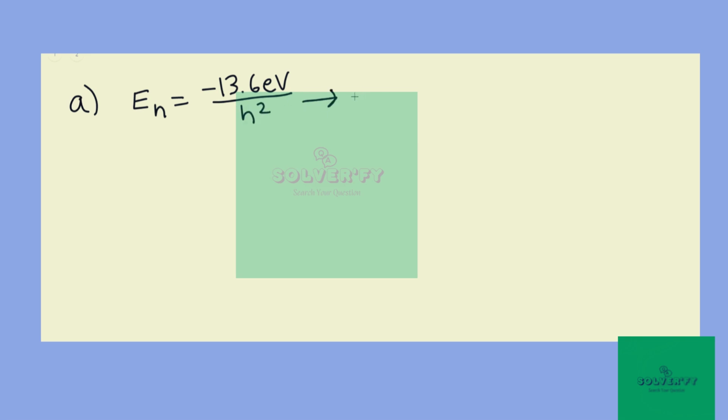Thus, for the n equals 1 case, it's simply negative 13.6 eV. For the n equals 2 case, it's 13.6 divided by 4, which comes out to negative 3.4 eV. So this delta E will be 10.2 eV.